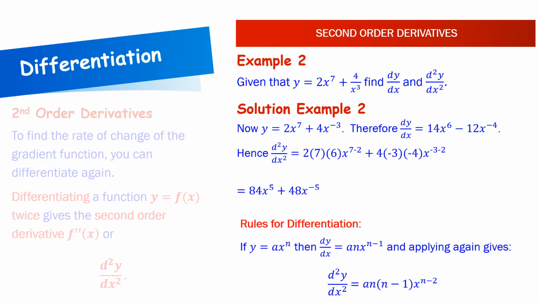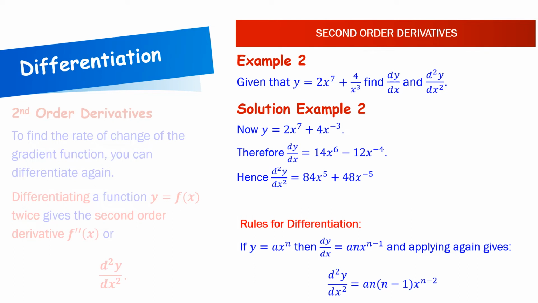And tidying up gives us 84x to the power 5 plus 48x to the minus 5, and hence we've found dy dx and d2y dx squared.